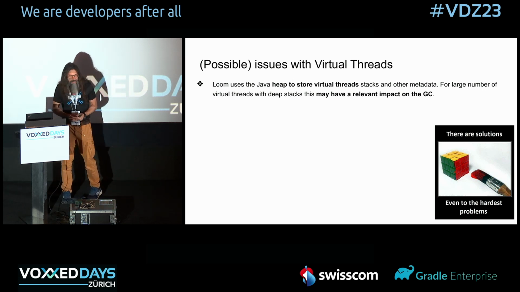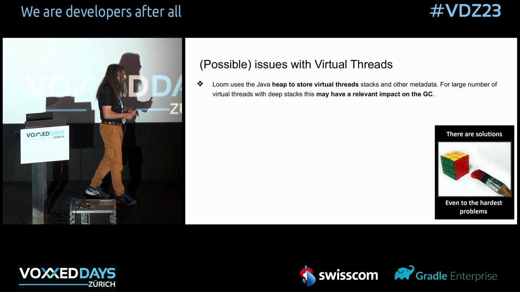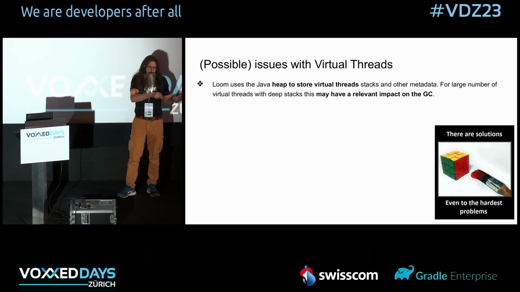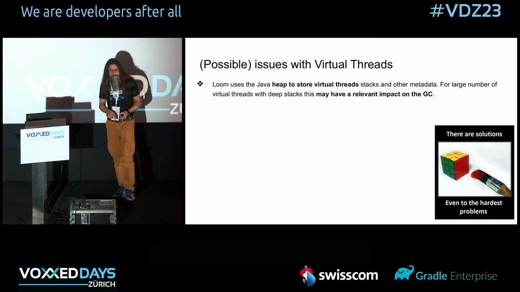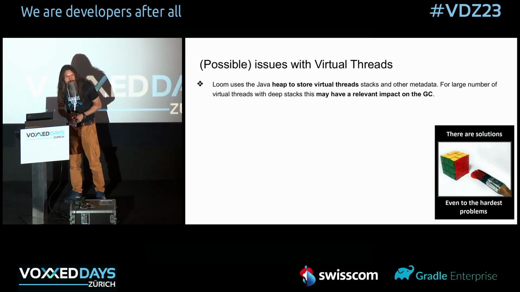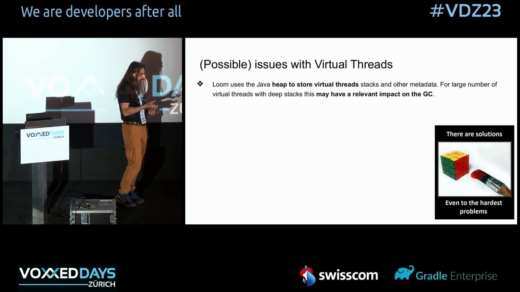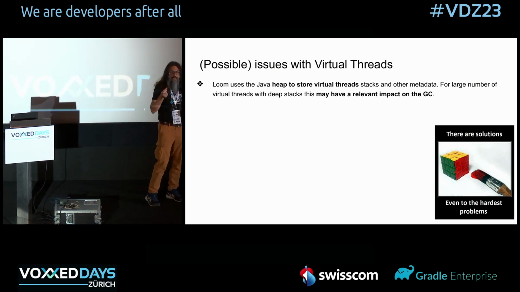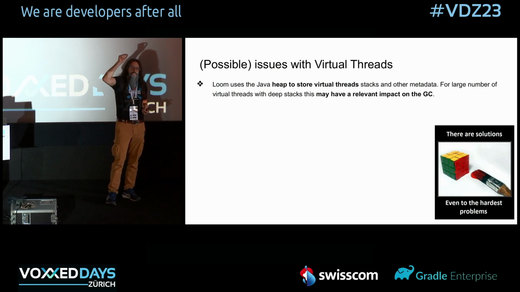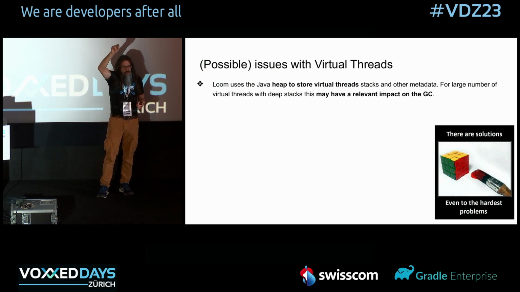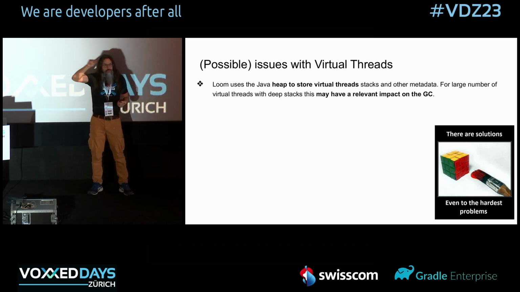I also discussed this with Ron Pressler at the latest Devoxx, and he made me notice, yes, true. Still, this is only half of the truth. The second part of the story is instead that if you think about it, each and every native thread is a root of the garbage collector. So if you have 1,000 native thread, you have 1,000 roots under the control of the garbage collector, okay?